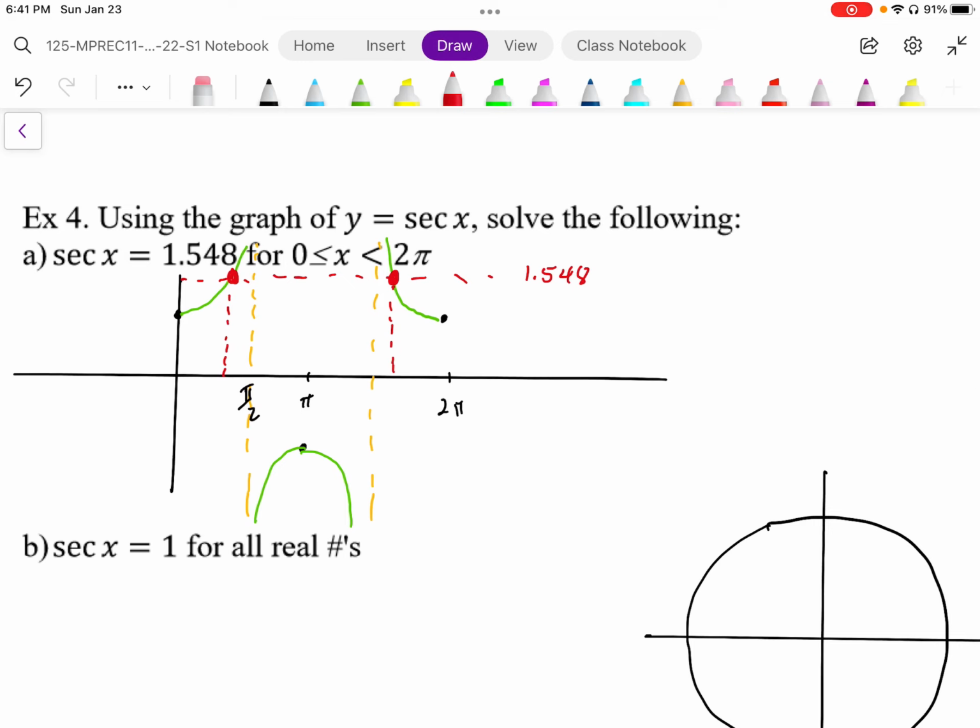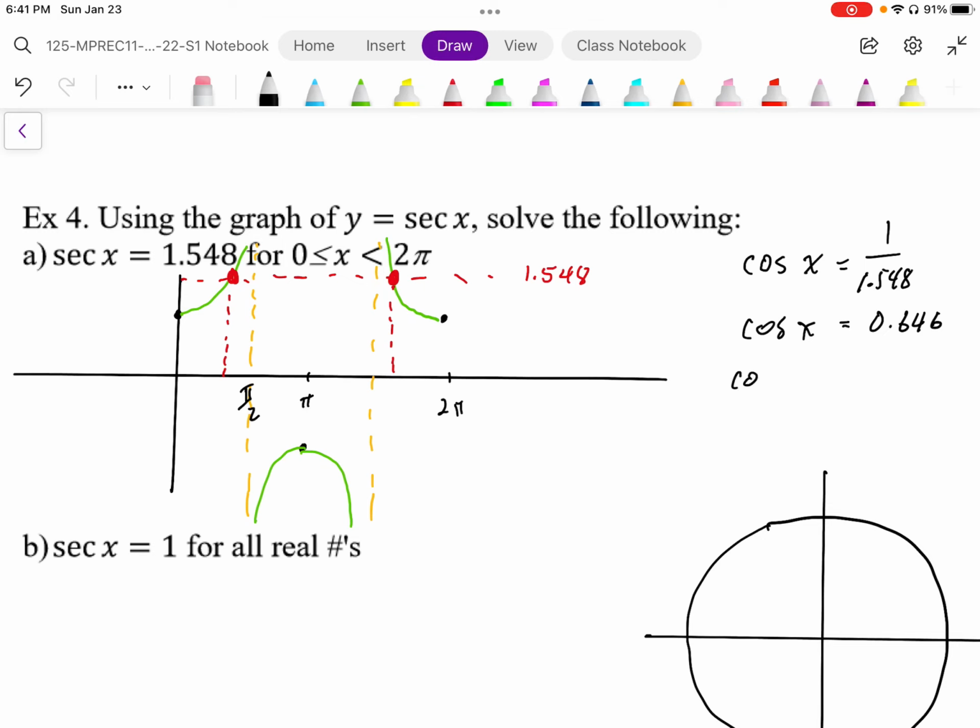Now we can also solve this by converting the secant into cosine. So if I convert the secant into cosine x, I end up with 1 over 1.548. That gives us a cosine value of 0.6459, so 0.646.